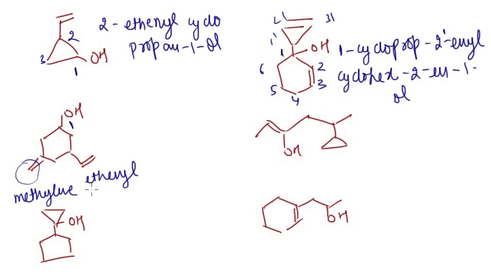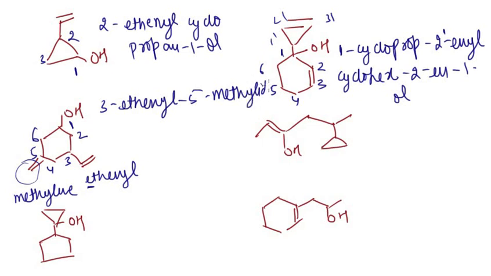So M comes first or E comes first? E comes first. So we will give the lower number to it: 1, 2, 3, 4, 5. So here it is 3-ethynyl-5-methylidenecyclohexan-1-ol.